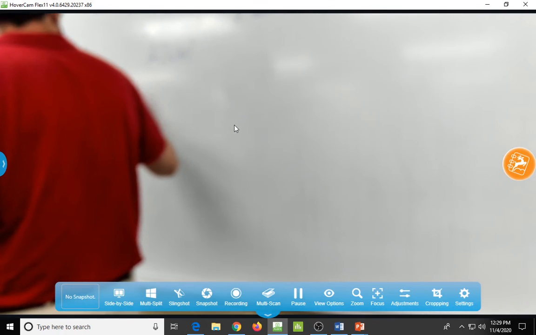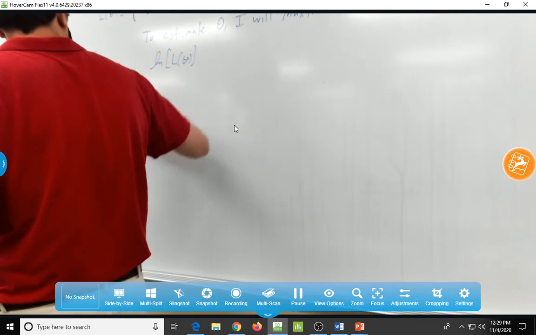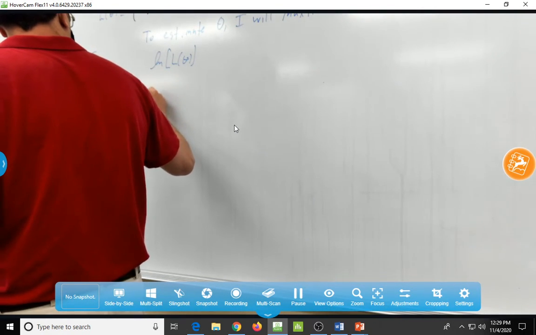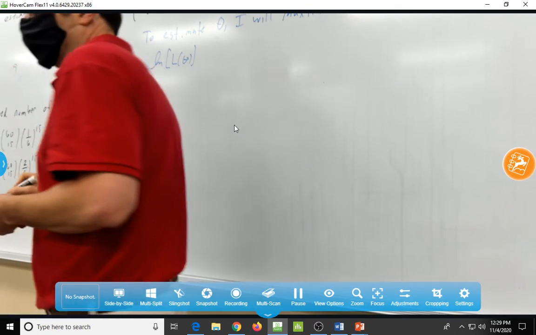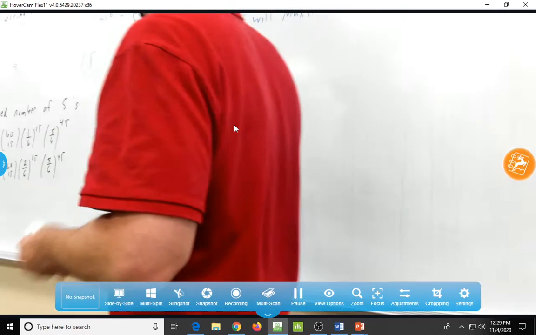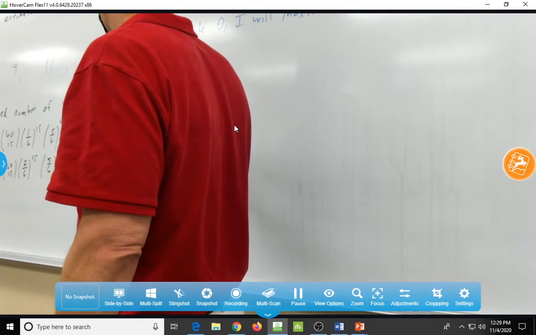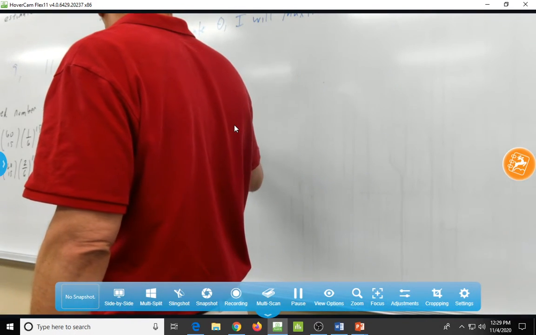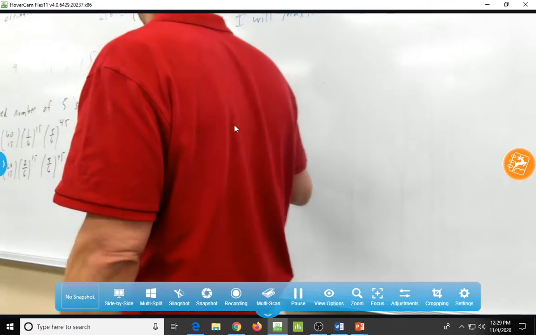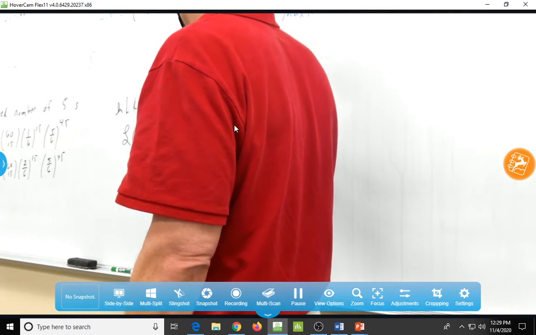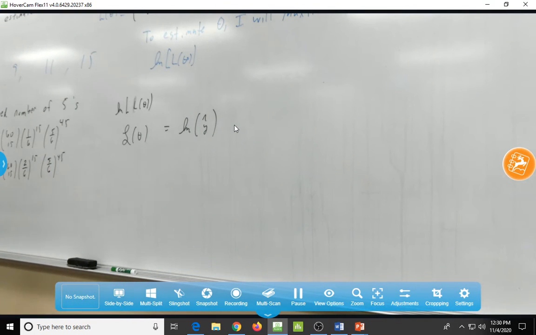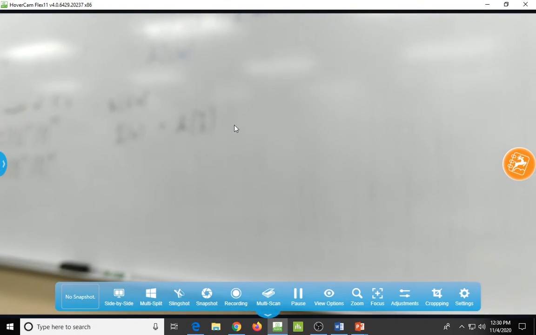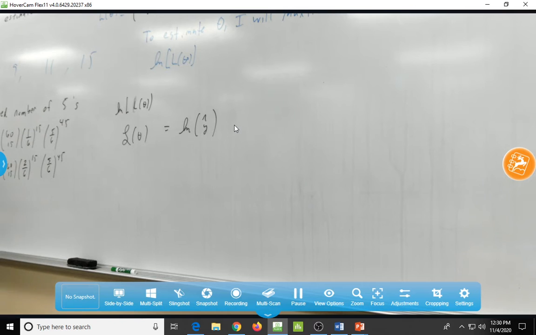So natural log of L of theta. Your book kind of writes this as a script L. It will be the natural log of n choose y. Just as a reminder, remember the natural log of a times b is equal to?